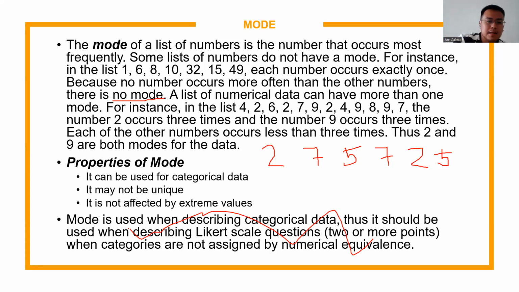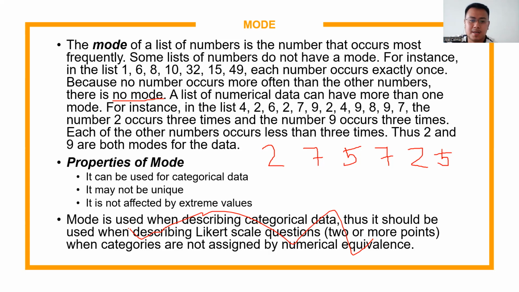Okay? The following are different properties of mode. It can be used for categorical data. Ibig sabihin, pwede siya sa nominal, ordinal, interval, and ratio. Across all different levels of measurement, pwede si mode. Kasi most frequent lang yung pupunta. Next.